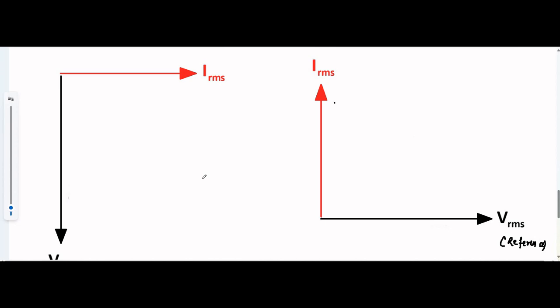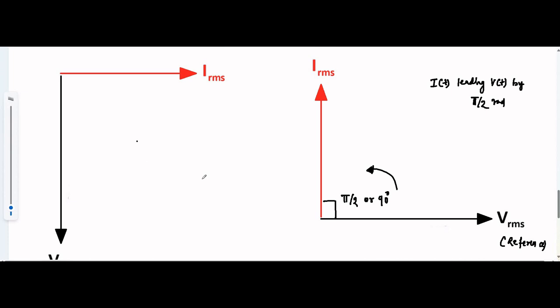So this diagram represents current leading voltage by pi by 2 radian. Current leads voltage by pi by 2 radian or 90 degree with Vrms as the reference phasor.